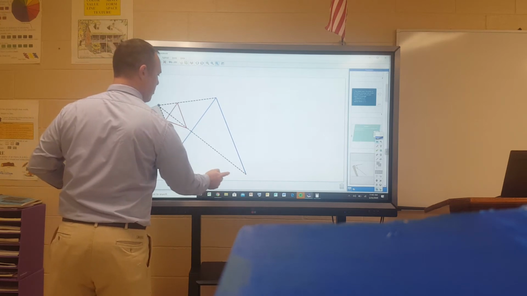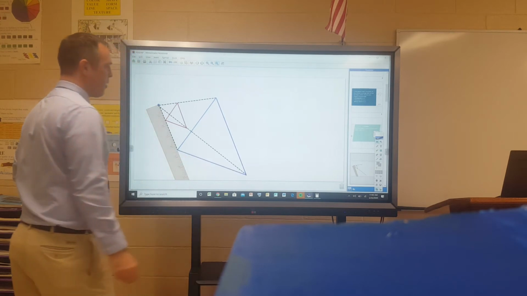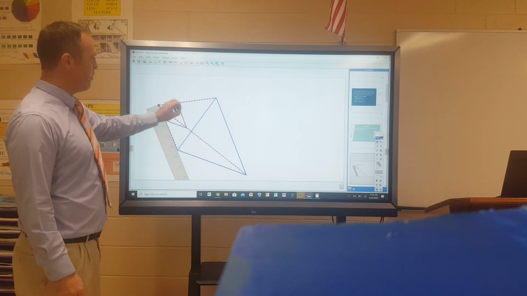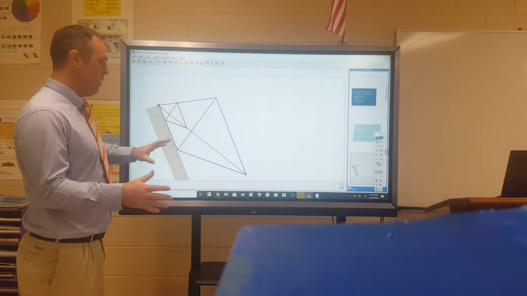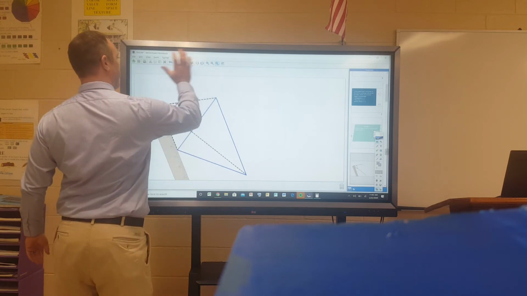Come on, it's in here somewhere. Ah, there we go. Now we've got a triangle. It's the same shape, they're similar, just enlarged, and this one now is exactly 3 times as large as the red triangle. All right, that's a dilation.